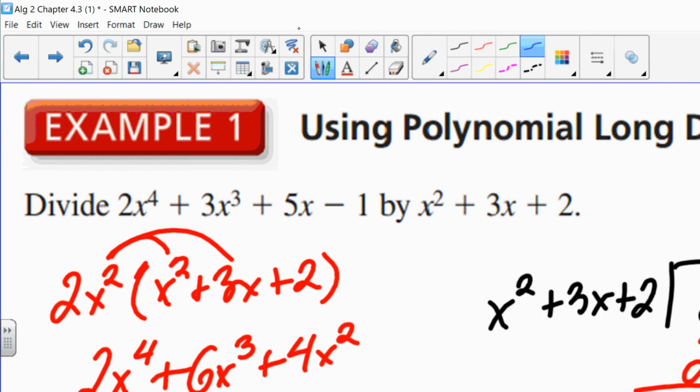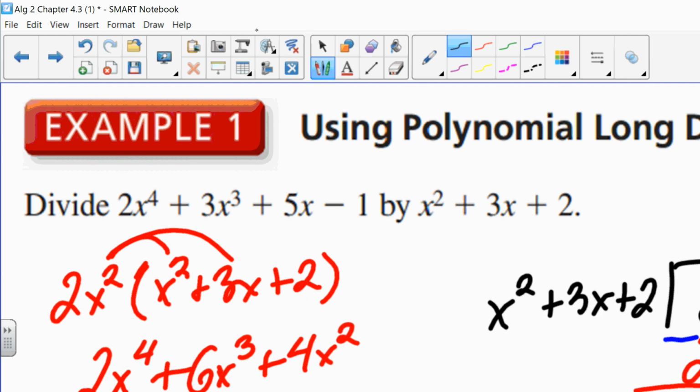And then we will need to subtract. And this year I would suggest writing that subtraction however many times we need to do it, just so we can keep track of it.